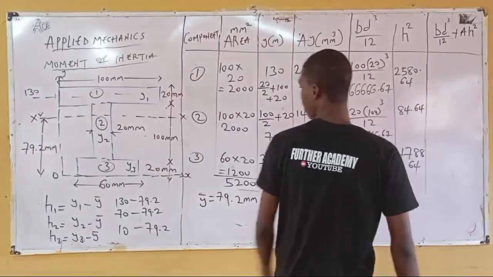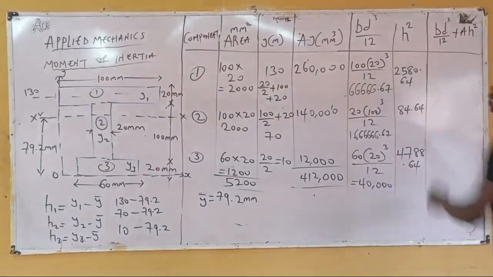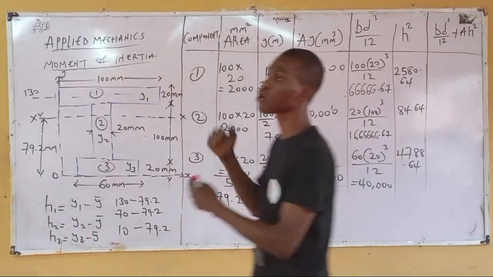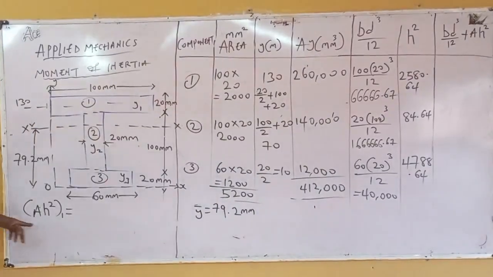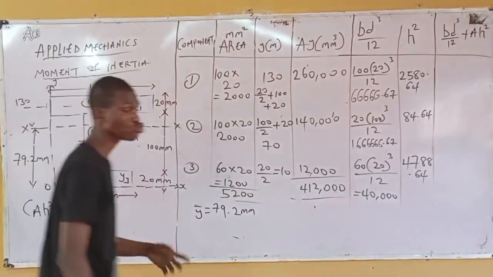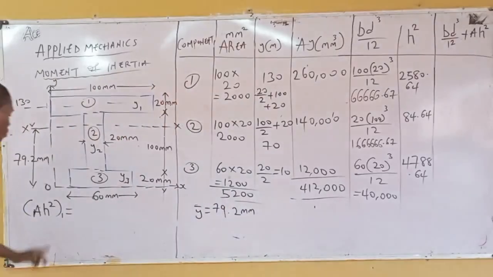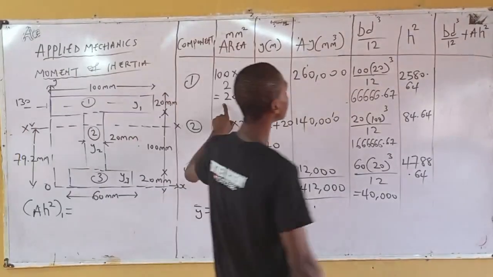So now, from here, we wanted to solve BD cube over 12 plus AH squared. But let's solve AH squared of each component. Let's compute the value of AH squared of component 1, component 2, and component 3. For component 1, by AH squared, we are saying the area times this.